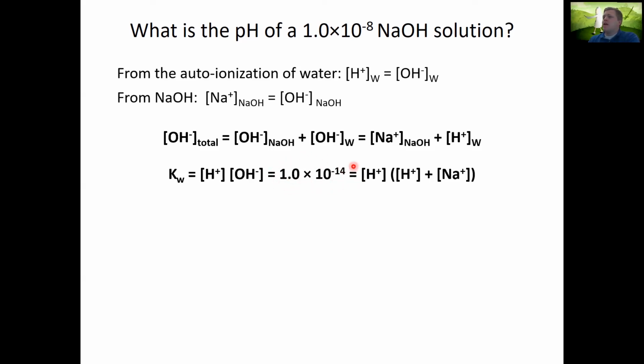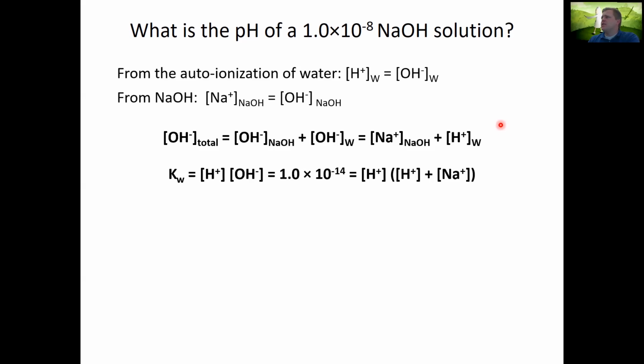But for now, we're just going to assume that 1 times 10 to the negative 14th is close enough for all of these calculations. Okay, but we still don't know the amount of protons or the number of hydroxides. We know an expression that gives us the total number of hydroxides, and that's equal to the concentration of sodium plus the concentration of our protons from the autoionization of water.